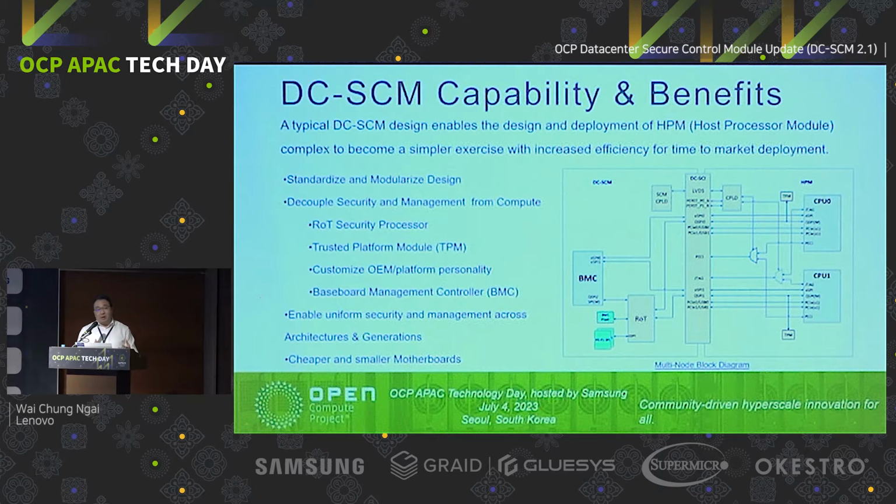They also have an important sourcing criterion: to source from multiple vendors and have interoperability across all these different HPM designs. One of the major reasons is security. A lot of customers have their own unique security requirements, so it's not easy to get a one-size-fits-all solution.